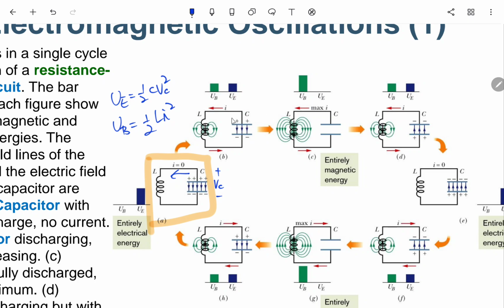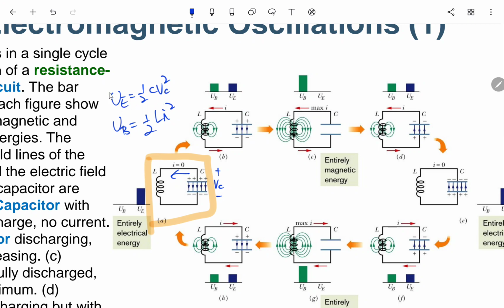Which means that half of the energy is stored at the capacitor, and half of the energy is stored at the inductor. At this moment the charge is smaller, though not actually half of it.